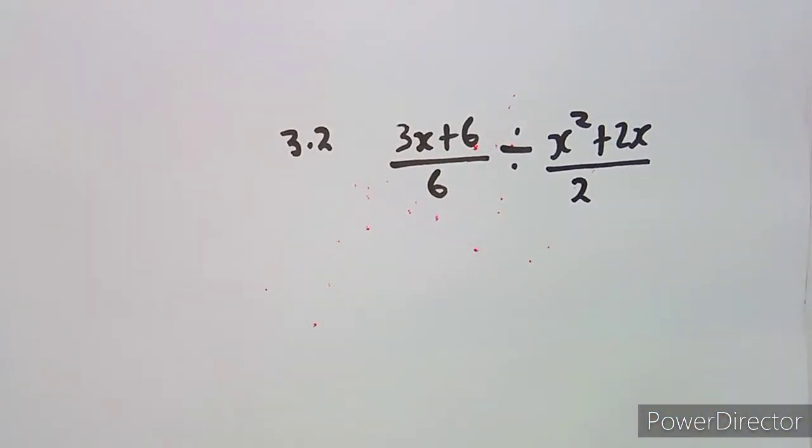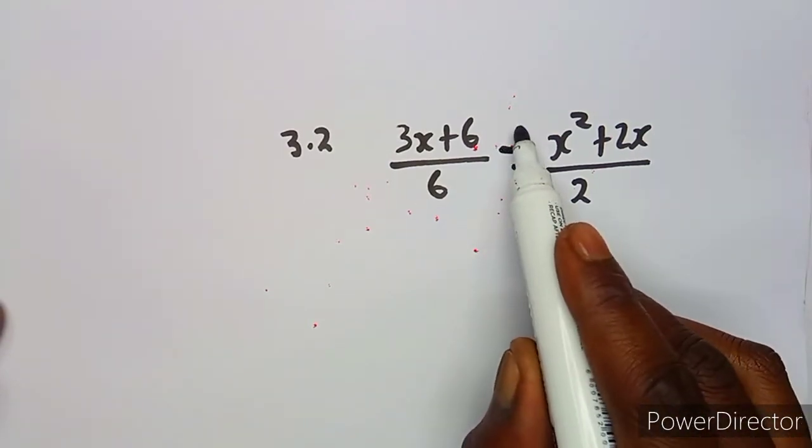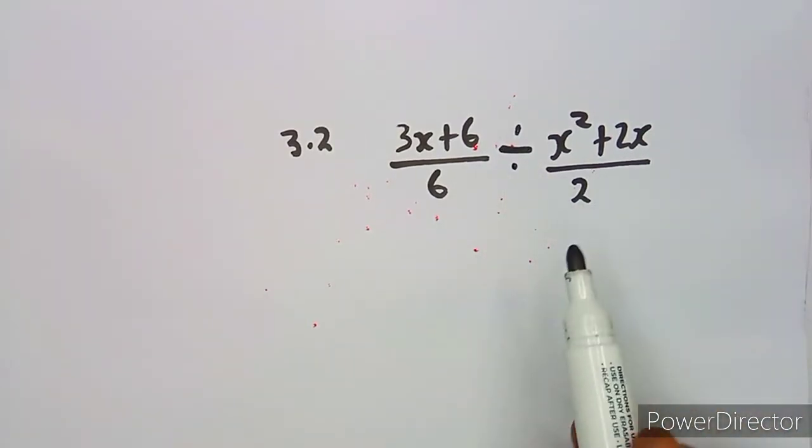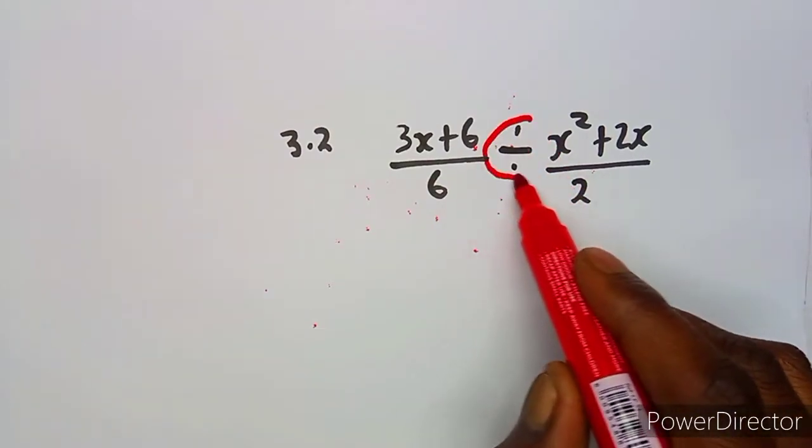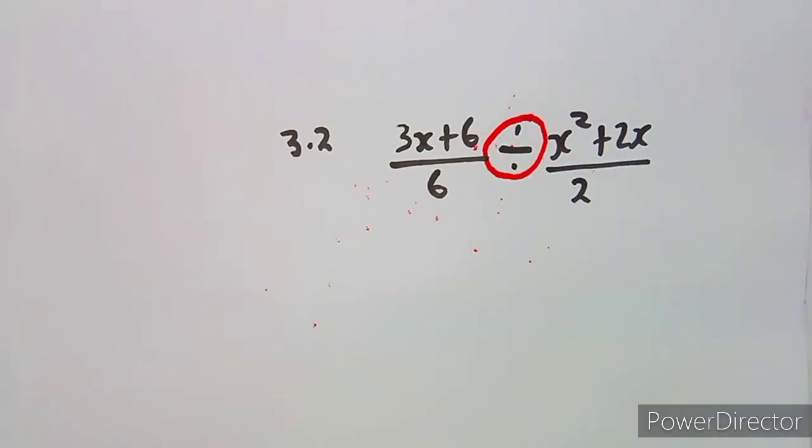All right, so I usually say that when you are working with division, don't take a risk there. Try by all means that the first thing to do is to remove the division that you are given here.